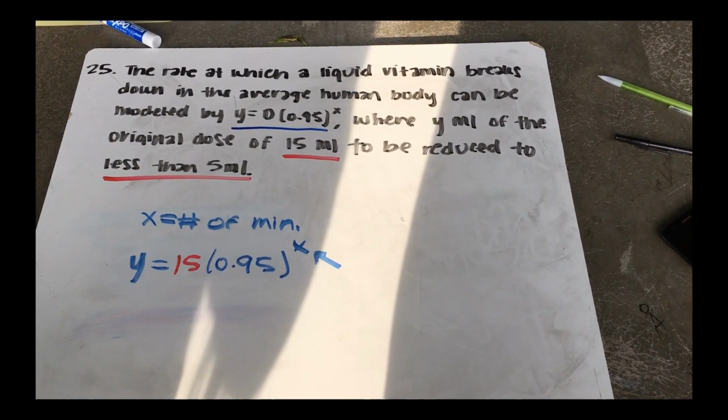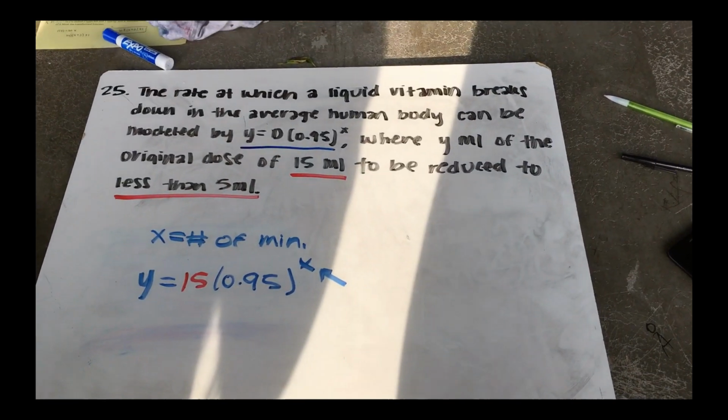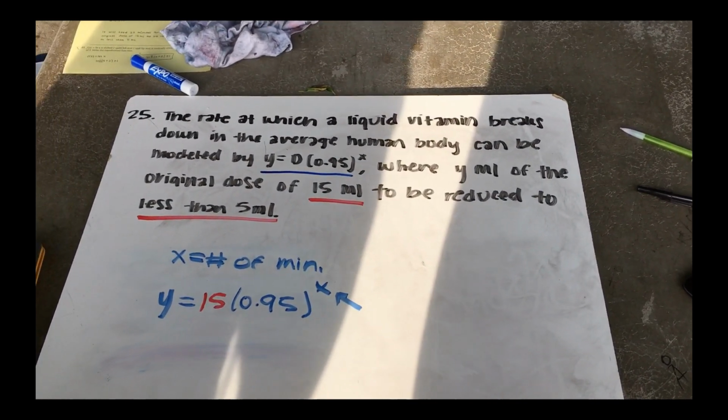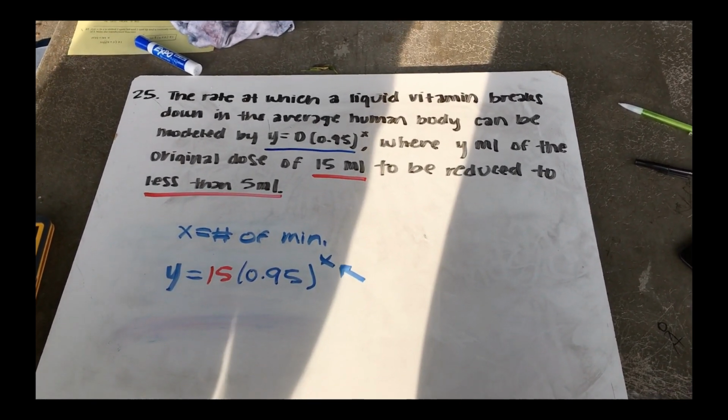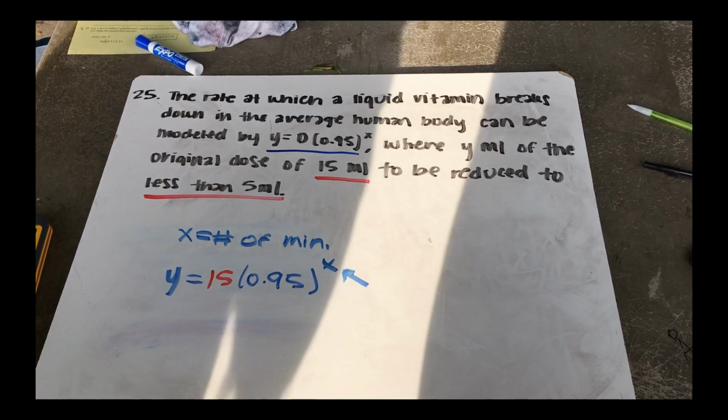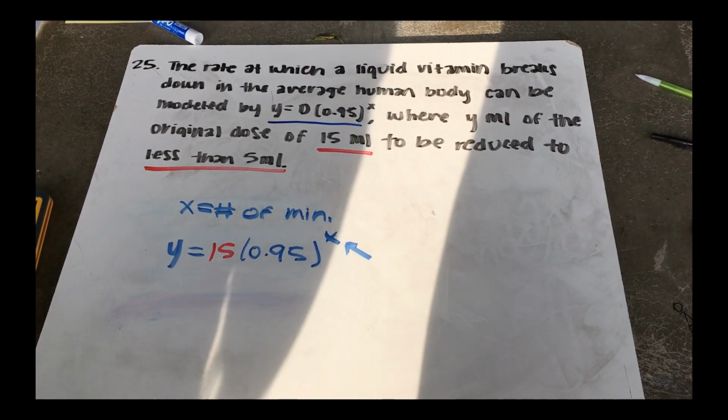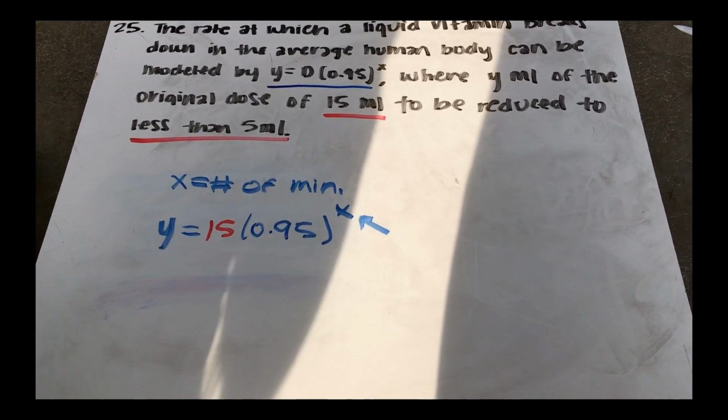The rate at which a liquid vitamin breaks down in the average human body can be modeled by y equals d times 0.95 to the power of x, where y milliliters of the original dose of 15 milliliters is to be reduced to less than 5 milliliters. We know that x is going to be the number of minutes, which is what we're going to find.